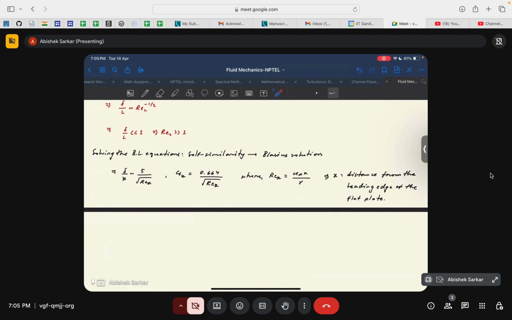a flat plate. And if I'm not wrong, this turned out to be the last evident progress in solving the Navier-Stokes equations. Beyond that, I do not think anybody made considerable progress in solving the Navier-Stokes equation, at least analytically.